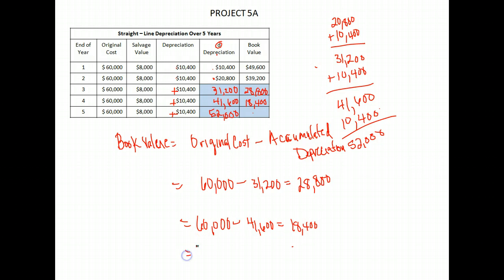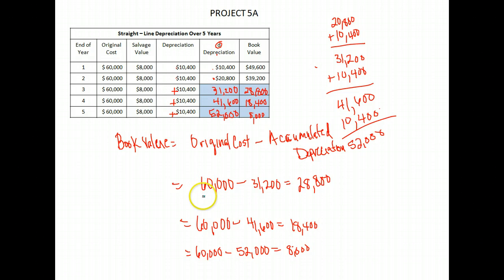Okay, and then in our final year, again, the original value was still $60,000, but in our final year, it's depreciated by 52,000, which leaves us with just a value of $8,000. And again, that's what the salvage value on the end is. That's how much it's worth when you're done using it and ready to sell it.